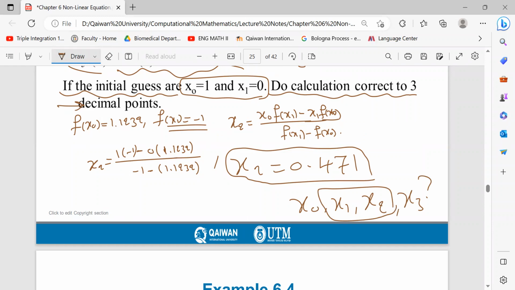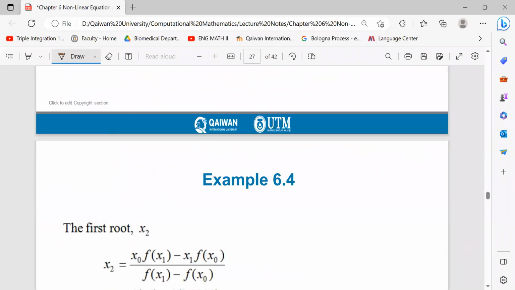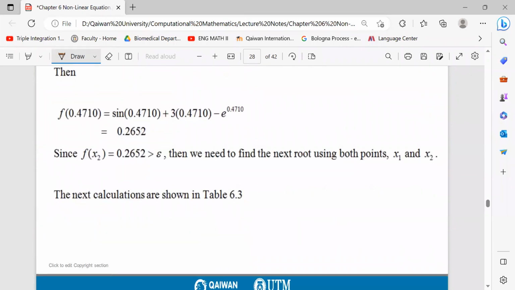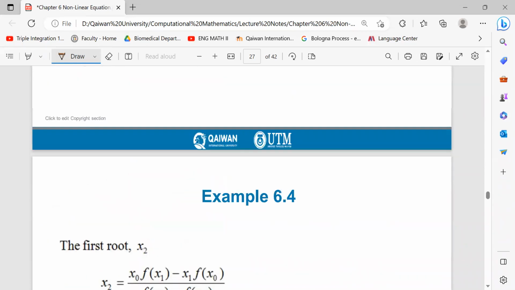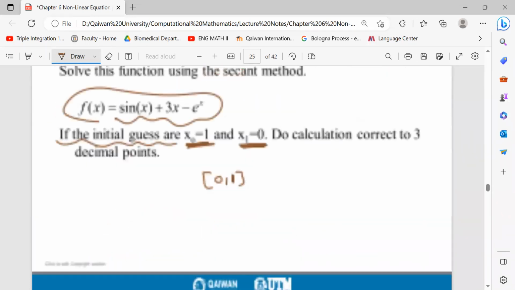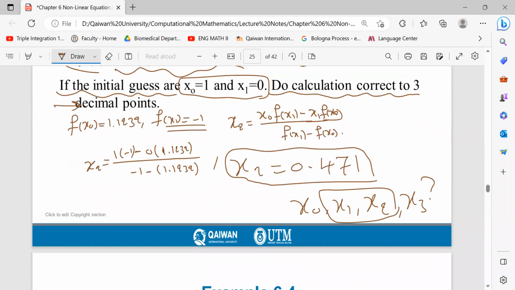After finding x3, we continue until when? Here, this is x2.